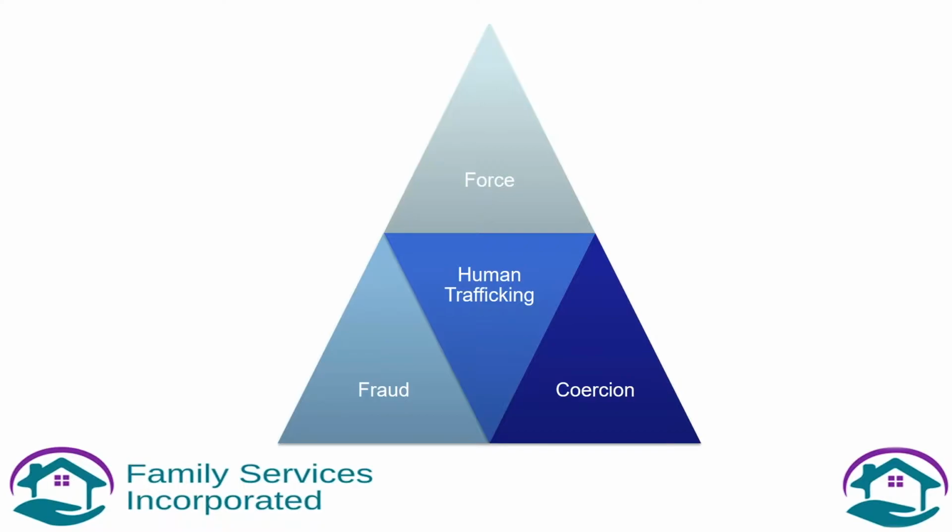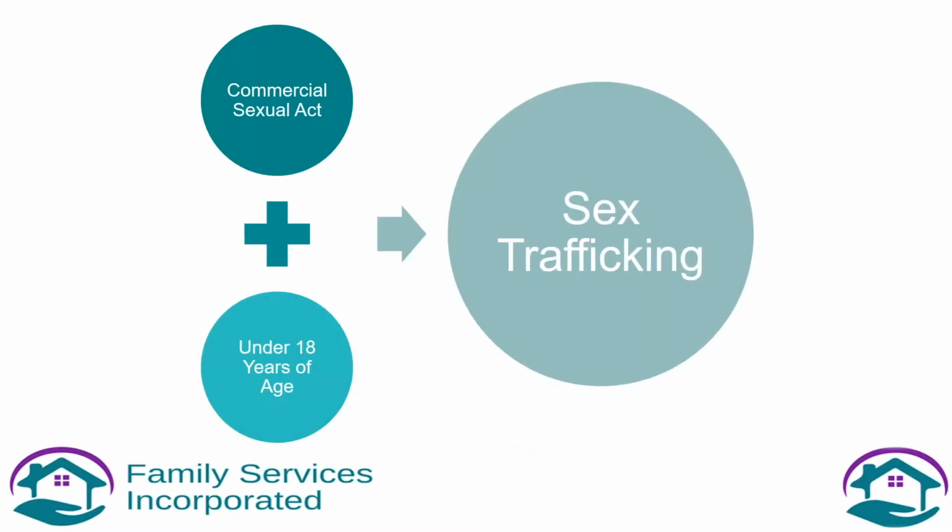Now, there is one exception with human trafficking and the force, fraud, or coercion, and that is when it comes to a commercial sexual act with someone under the age of 18. A child cannot sell themselves commercially for sex. A child cannot prostitute themselves.